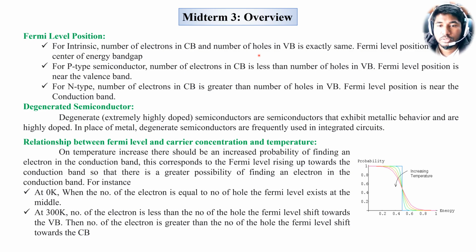This corresponds to the Fermi level rising up toward the conduction band, right? So if we increase the temperature, the Fermi level goes up, and if we decrease the temperature, the Fermi level goes down, and it also changes its position by carrier concentration.